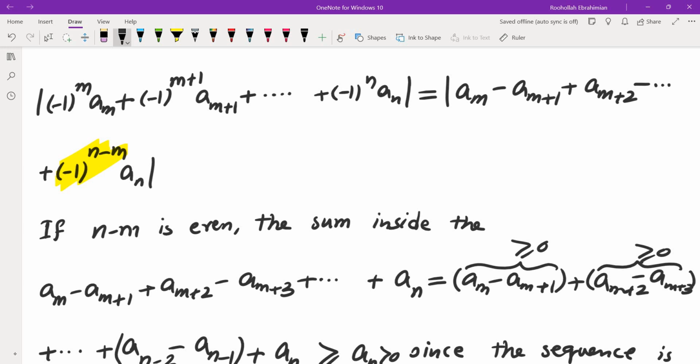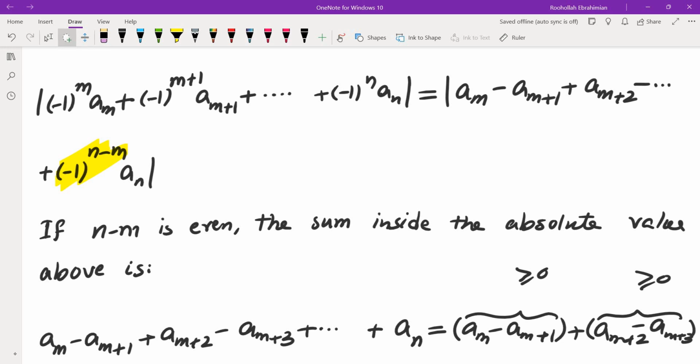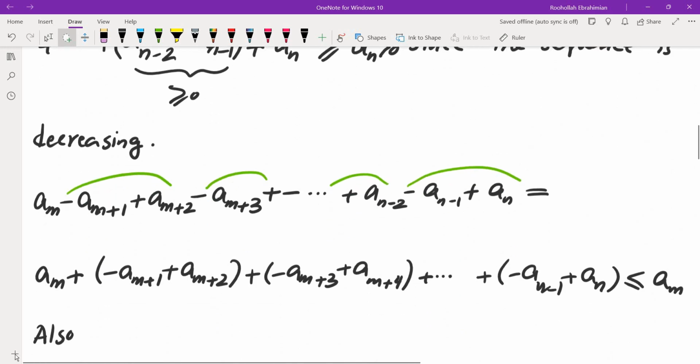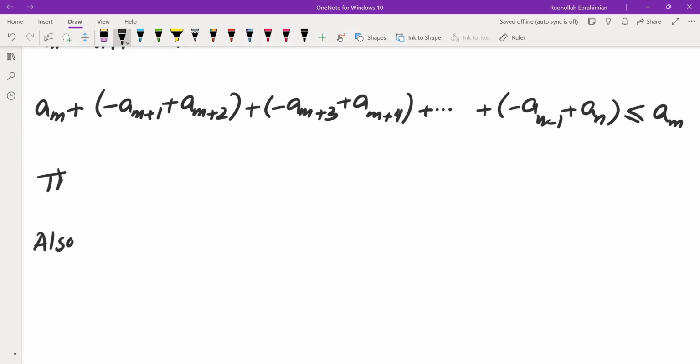If n minus m is even, the sum inside the absolute value above is, so this is what we get: the last term is a positive a_n, and we get this argument that we have. So therefore, let me summarize this.